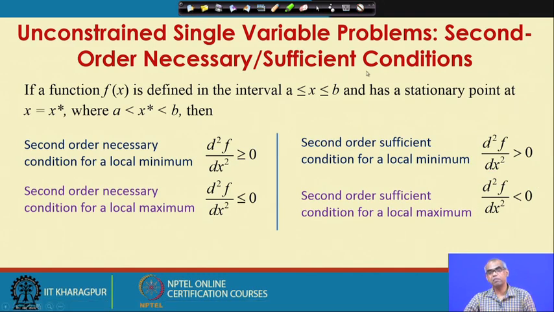But what happens if d square f dx square equal to 0? This is included in the second order necessary conditions. If d square f dx square is equal to 0, again you cannot say anything about the optimality, meaning that we cannot be sure whether the point is minimum or maximum.